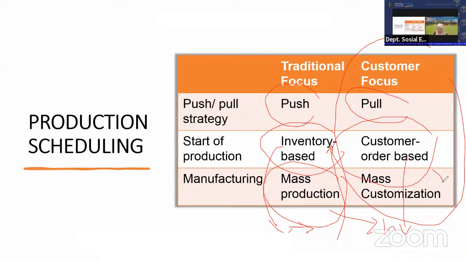And then we can have mass customization in manufacturing, because once we would like to fulfill what the customer wants, our production has to be customer order based with mass customization, high customization and high flexibility of producing the product.